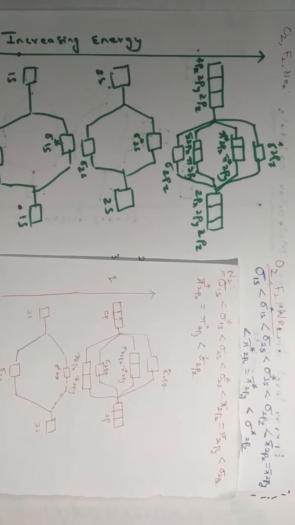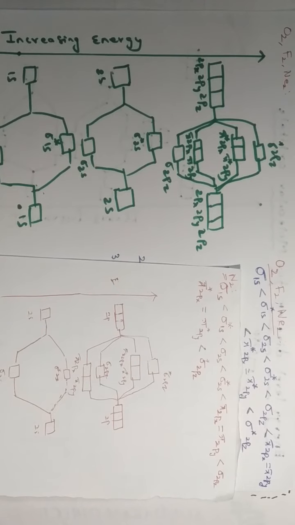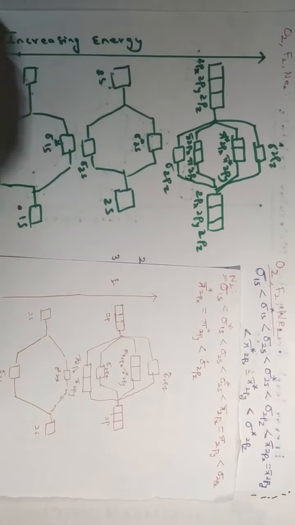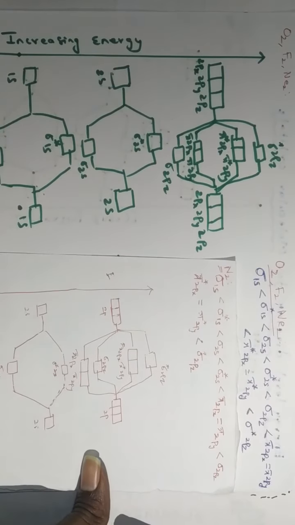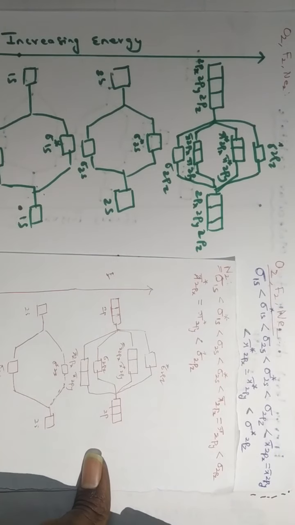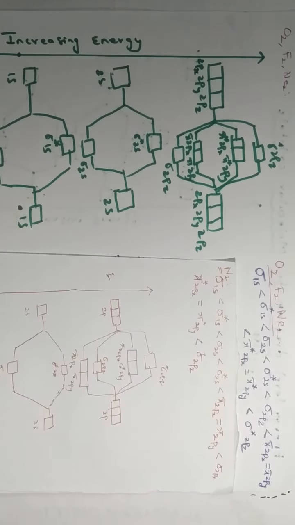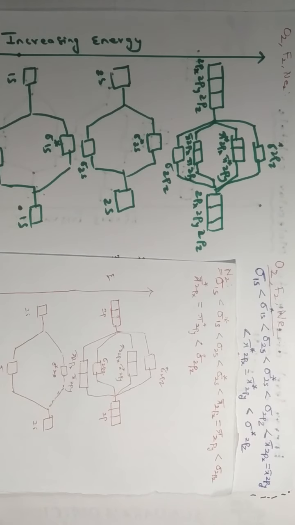This is the molecular orbital diagram for homonuclear diatomic molecules such as oxygen, fluorine and neon. When we compare the increasing order of molecular orbitals for boron, carbon, nitrogen and oxygen, fluorine, neon, one thing is clear: there is a slight energy difference.